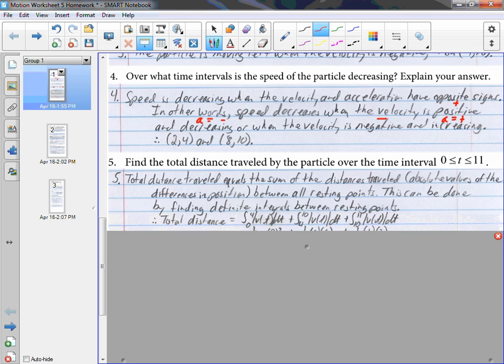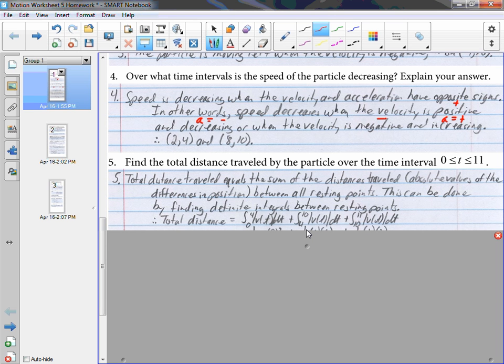Okay. So, how do you want to break this up? Well, you break it up where your velocity changes what? Yeah, where it changes signs. Okay? From 0 to 4, the object's moving to the right because the velocity is positive. Do I really need the absolute value signs around that when I know the velocity is positive?